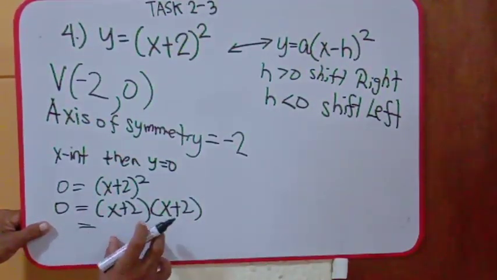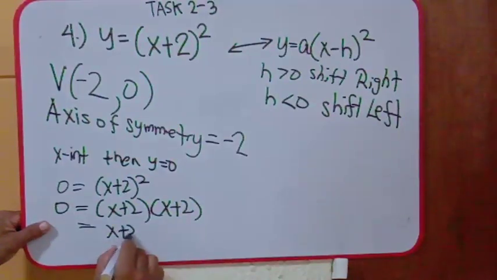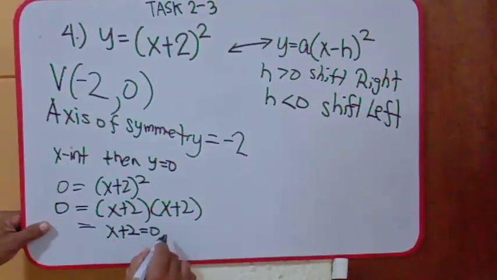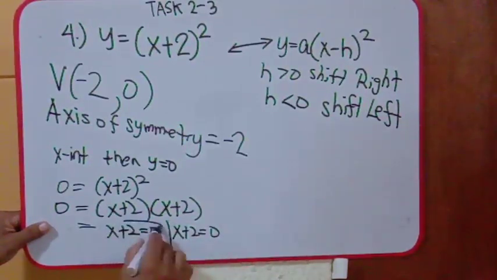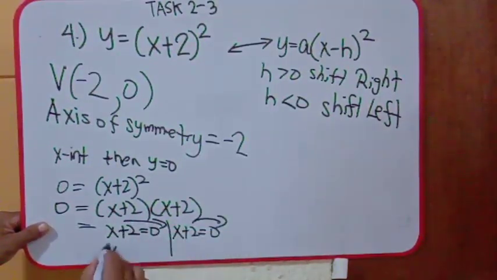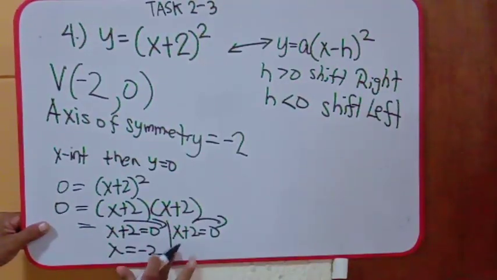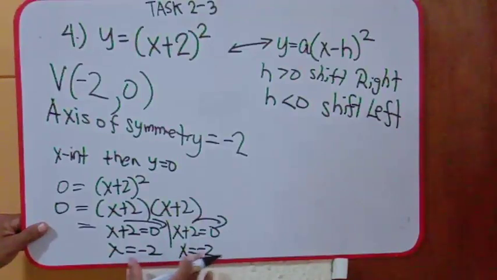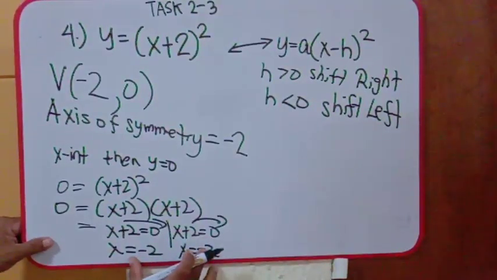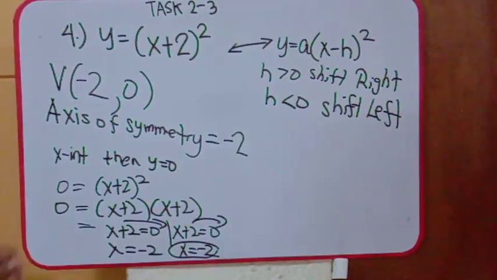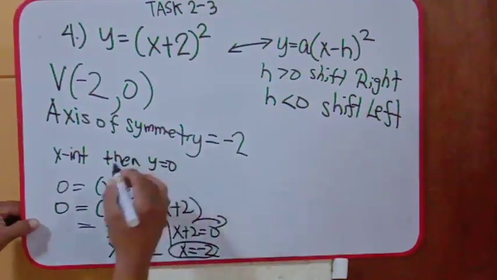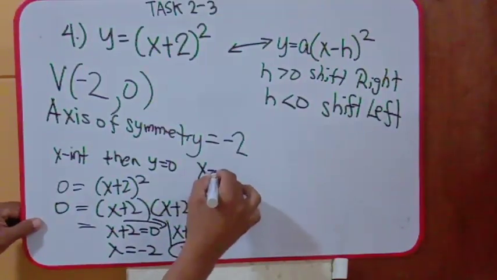And equate to 0, so we have x plus 2 equals to 0 and x plus 2 equal to 0. Transpose x equals negative 2. It means parehas lang sila. So, ang x-intercept natin ay negative 2. Okay? So, x-intercept is equals to negative 2.